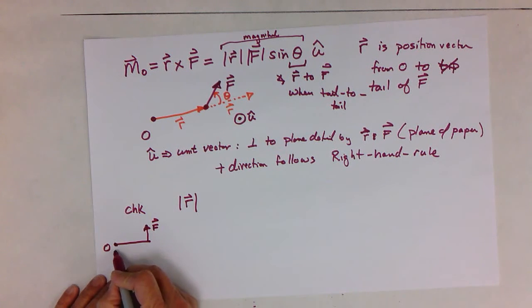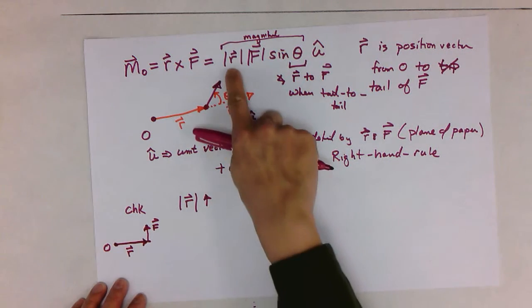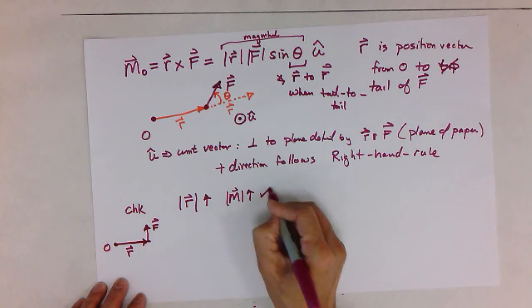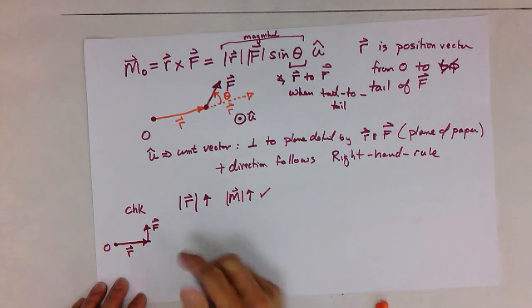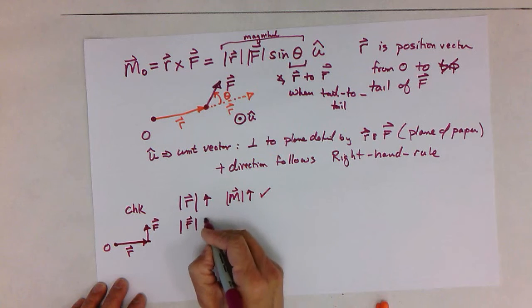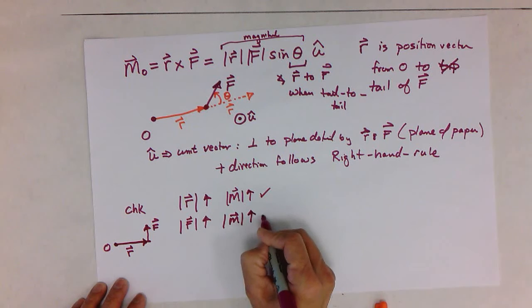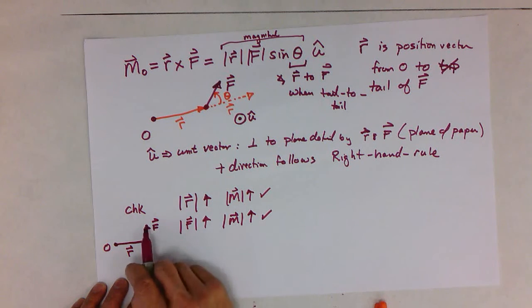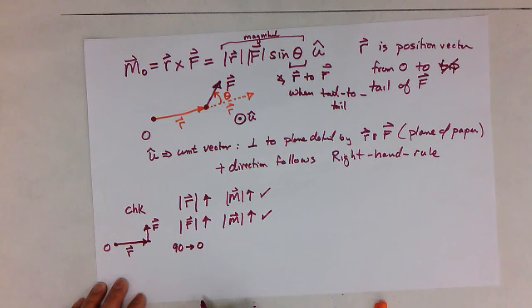This is the point in question, so this is R. If I increase R, then the moment increases. Makes it easier to open. Okay, that makes sense. Verifies with our experiment that we just did. If F increases, if I push harder on the door, pretty obvious, it's easier to open the door, so the moment increases. Check.